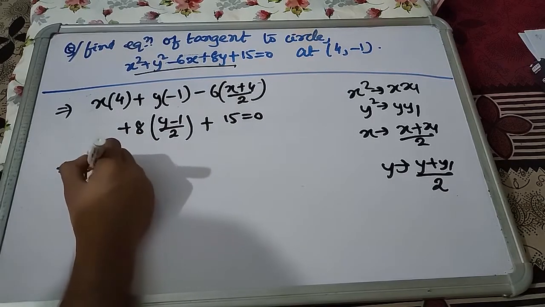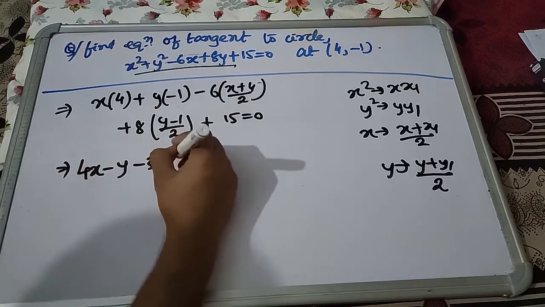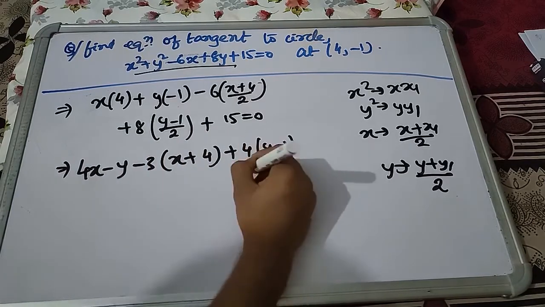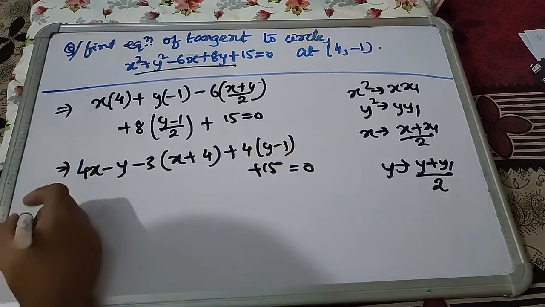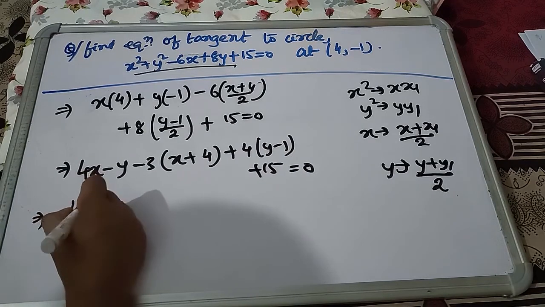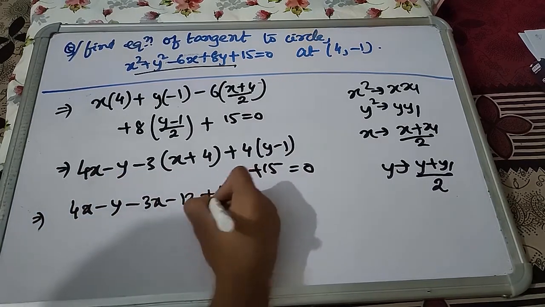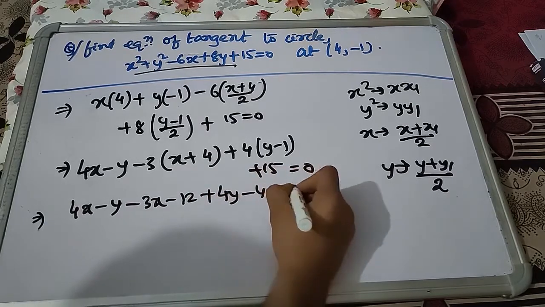This becomes 4x minus y minus 3 into (x plus 4) plus 4 into (y minus 1) plus 15 equals 0. So this becomes 4x minus y minus 3x minus 12 plus 4y minus 4 plus 15 equals 0.